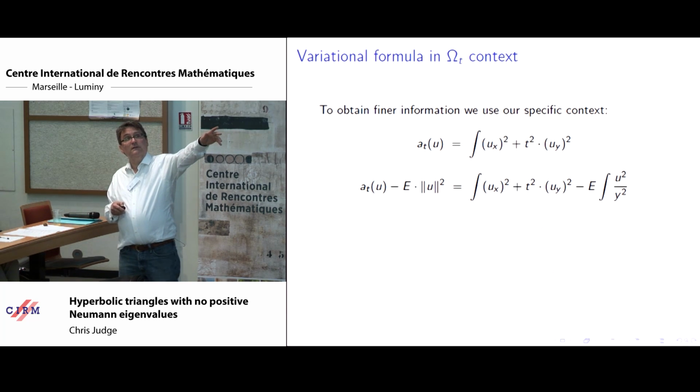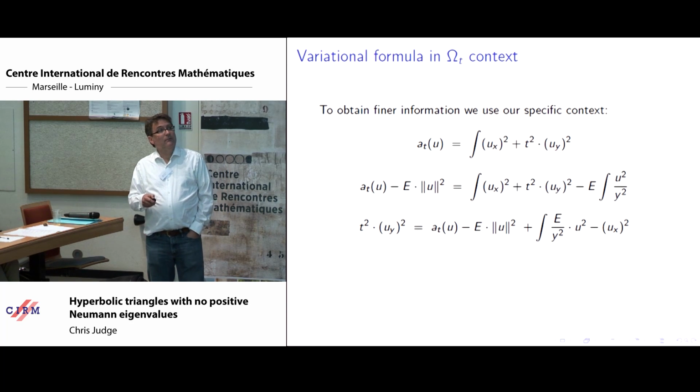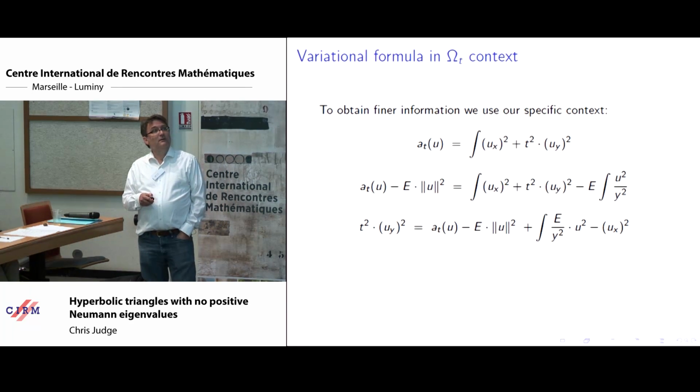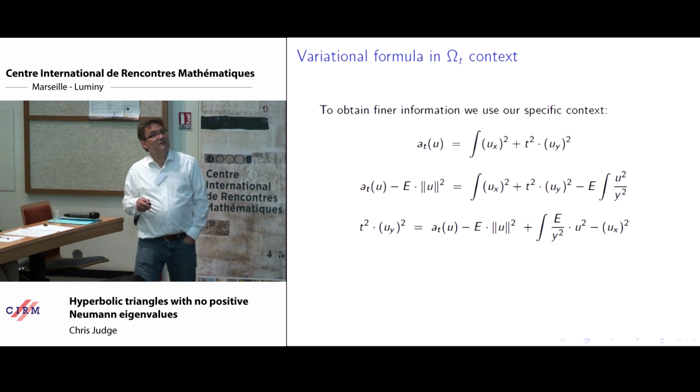So if this is the same as that. And now I'm going to bring this term over to the other side, and then I hope I did my algebra correctly. It was like 11:30 last night. But anyway, I think this is okay. Am I missing an integral on the right?